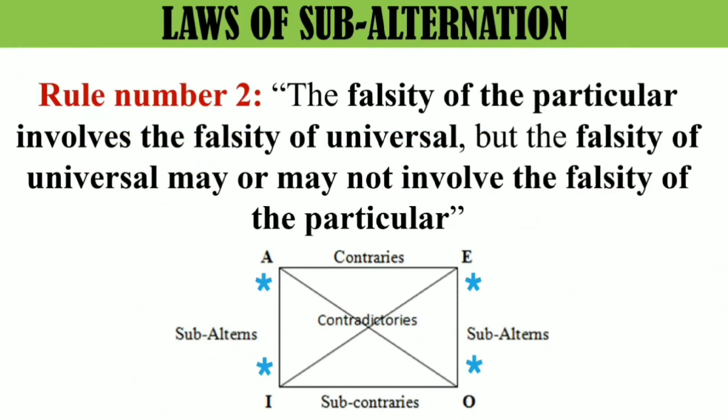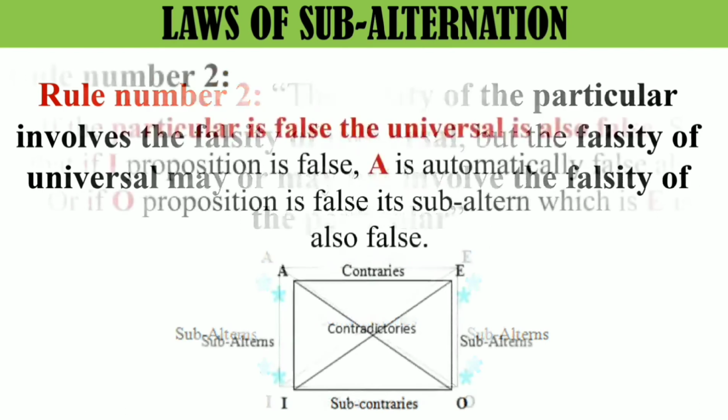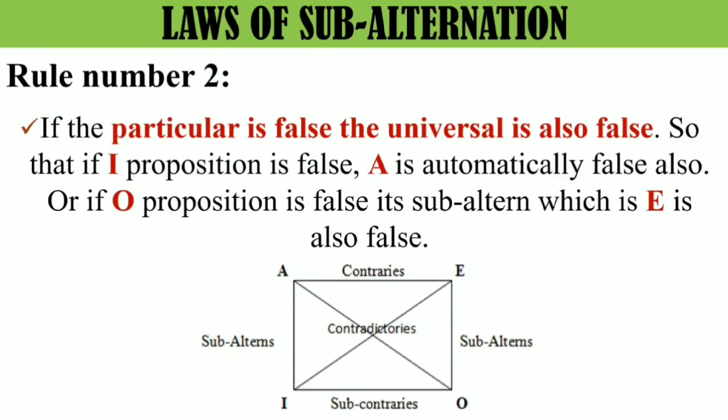Rule number 2: the falsity of the particular involves the falsity of the universal, but the falsity of the universal may or may not involve the falsity of the particular. If the particular is false, the universal is also false. So if the I proposition is false, A is automatically false also.